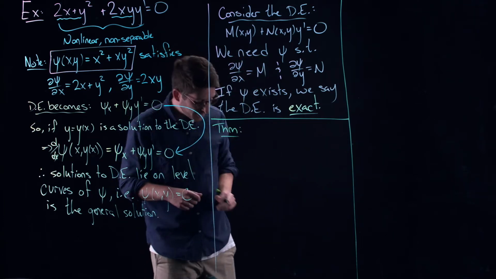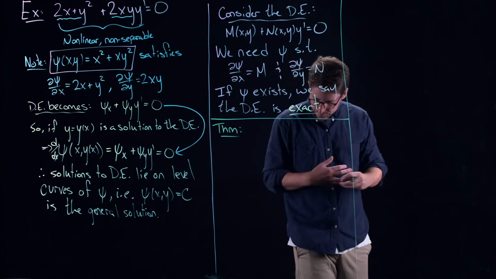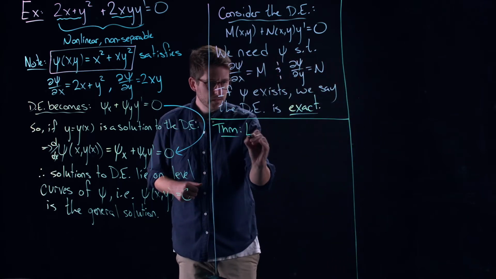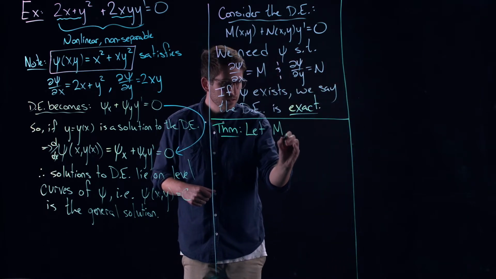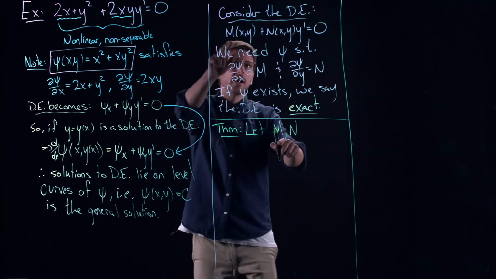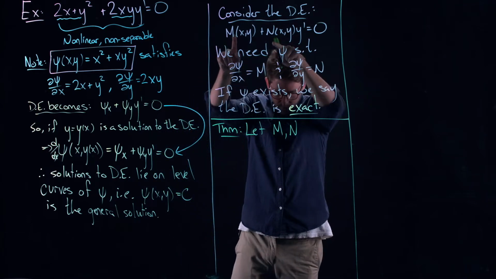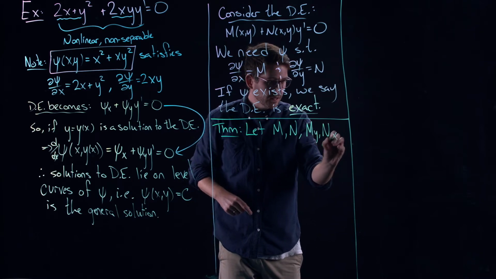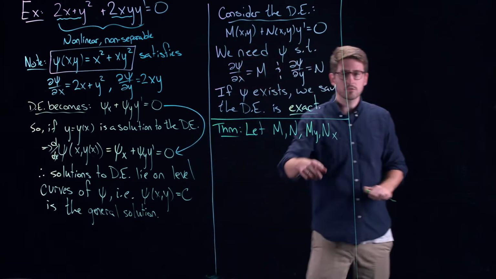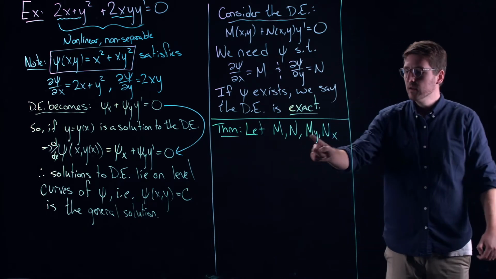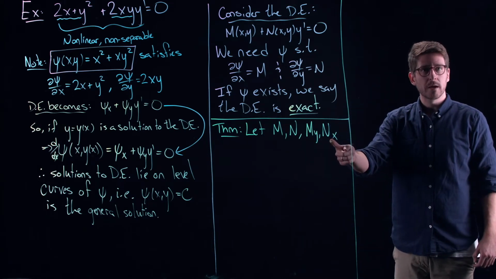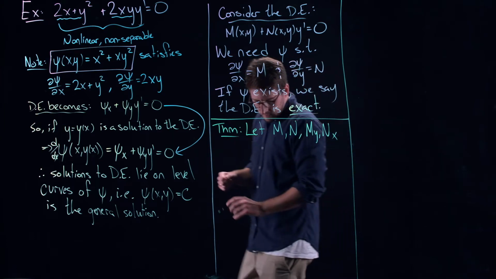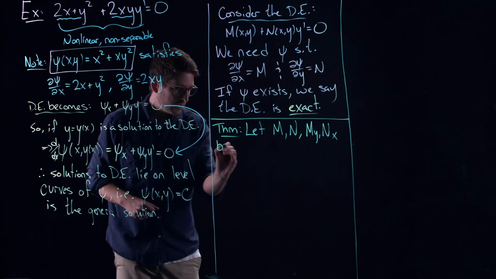So we've gotten a couple theorems in the past couple lectures. Here's the idea. Let M and N, okay, so M and N, and M sub y and N sub x. So that is the partial derivative of M with respect to y, partial derivative of N with respect to x. Let these things be continuous.